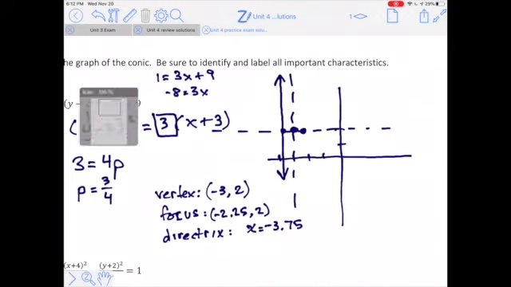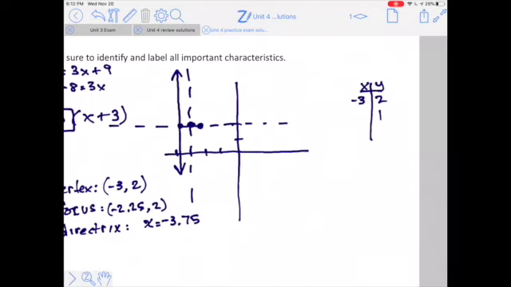So x equals negative 8 thirds, so that would be negative 2.66. So there's another point on the graph, negative 2.66, comma 1. And then we can use symmetry to reflect that point on the other side. So that would be negative 2.66, comma 3.